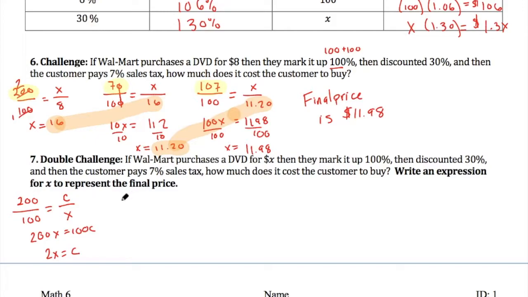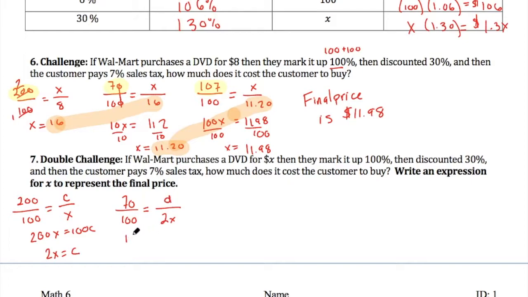And so then we're going to take that and carry it to our next proportion. So we're going to start out of 100, and we're going to go with 70%. And now this time, for our second fraction, we're going to put the 2x on the bottom, because that was our cost. That was really what came from the last problem. And we'll make up a new variable. Let's go with D, just to go in alphabetical order.